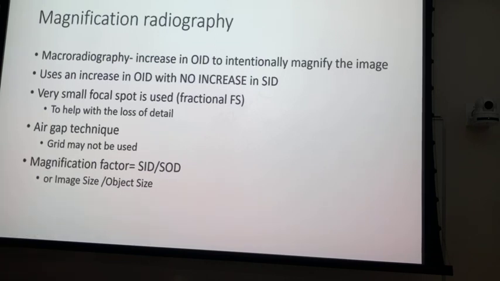If we could take the patient's shoulder off and put them directly up against the image receptor for a lateral C-spine, that'd be great, but we can't. It's not an intentional increase in OID, but we do increase SID to compensate for it. Macro radiography, though, is an intentional increase in OID to increase magnification without increasing SID.